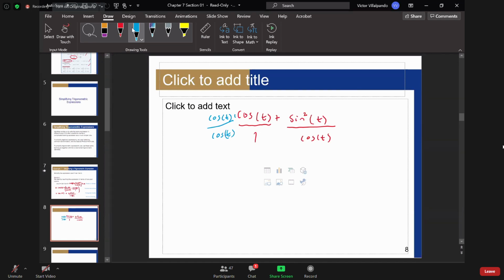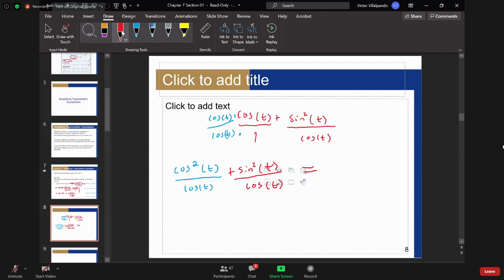So cosine times cosine, that's going to be cosine squared. So I'll write cosine squared of t here. Cosine of t times 1 is cosine, plus sine squared of t over cosine of t.